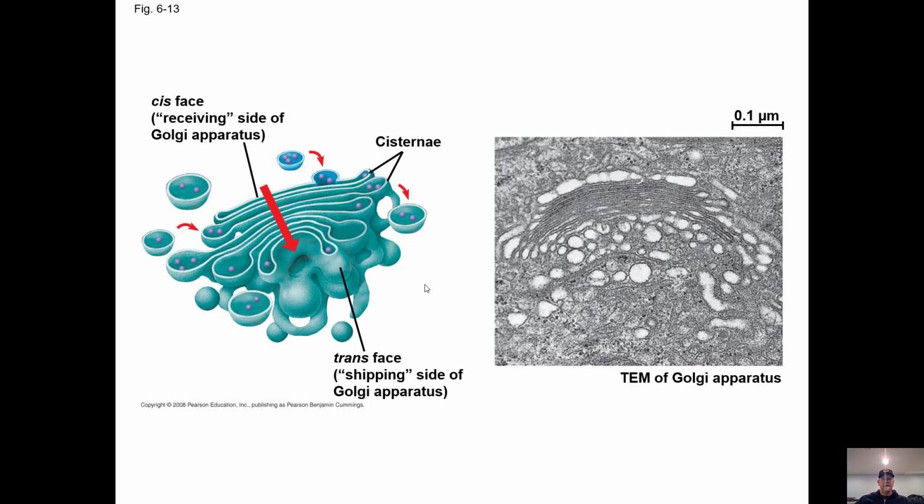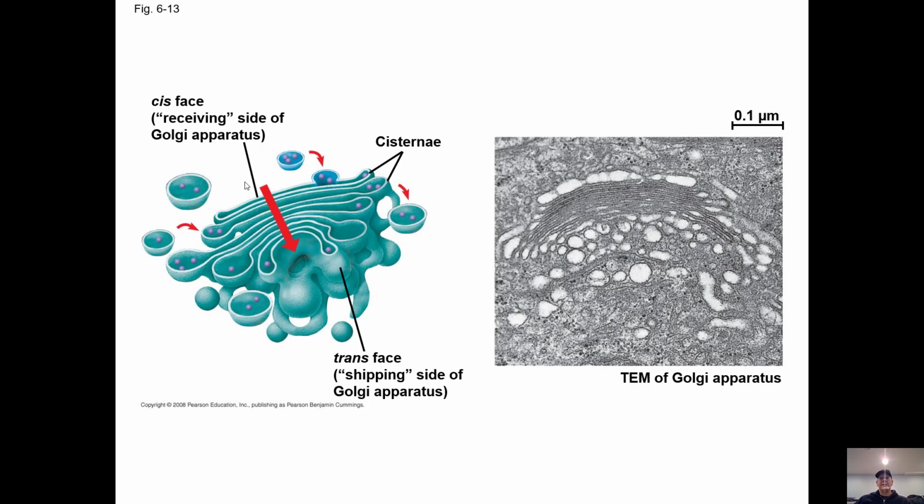So here you can see a couple of representations of the Golgi apparatus. On the left we have the drawing, and you can see it's got a face that is kind of like a receiving end, like a receiving dock, if you will, and those transition vesicles, or sometimes they're called transitory vesicles, that are coming from the rough endoplasmic reticulum.